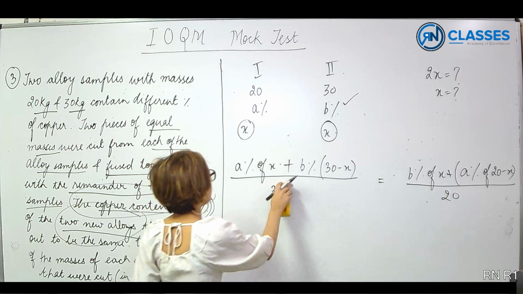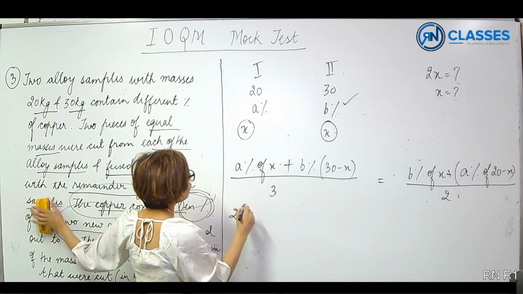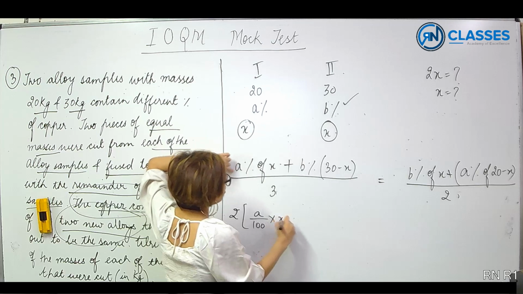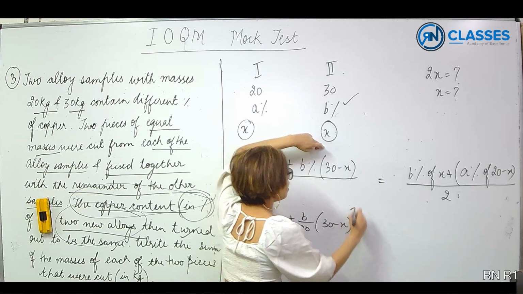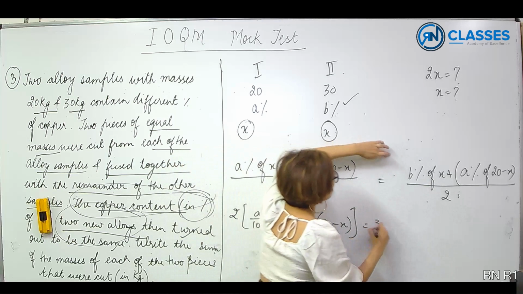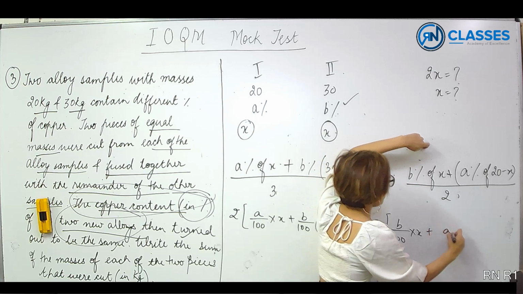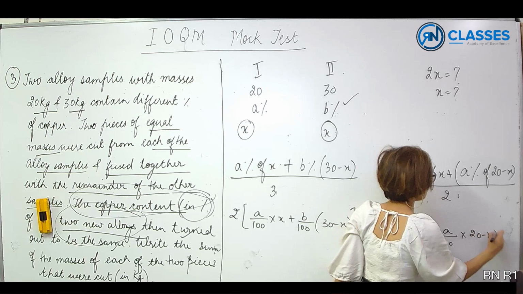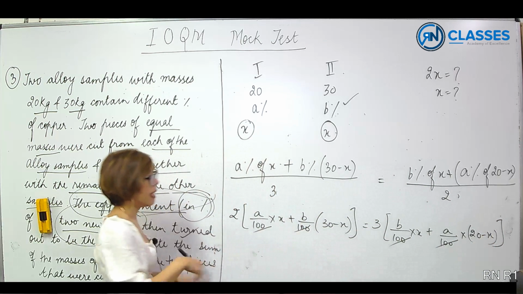First of all, obviously 0 and 0 get cancelled. Then I can cross multiply. I can write this as 2 into A by 100 of X plus B by 100 of 30 minus X is equal to 3 into B by 100 of X plus A% of 20 minus X. Obviously, I can take 100 common out and cancel it.